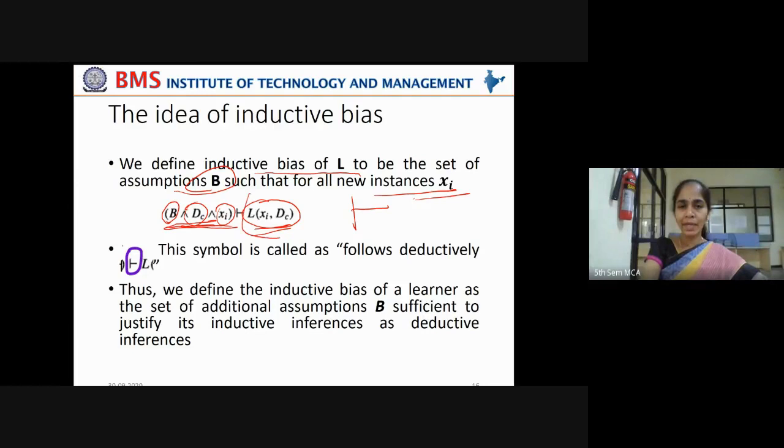You're trying to predict L(Xi, DC), which means you're trying to predict the new instance by making some assumptions, by learning from the training examples, so that it can generalize well on the new instance. Okay, that is what we mean by this deductive learning.